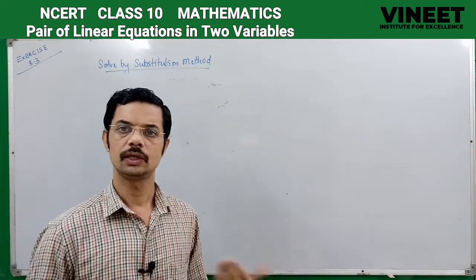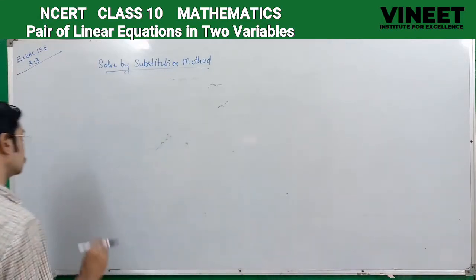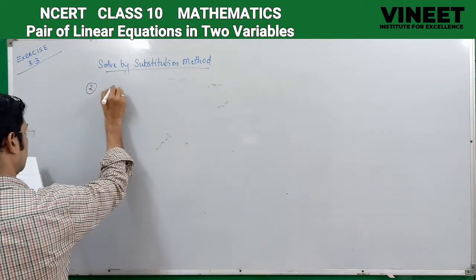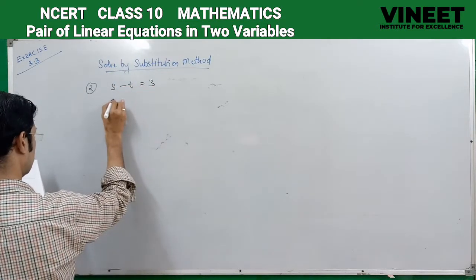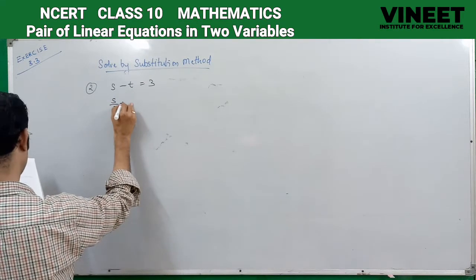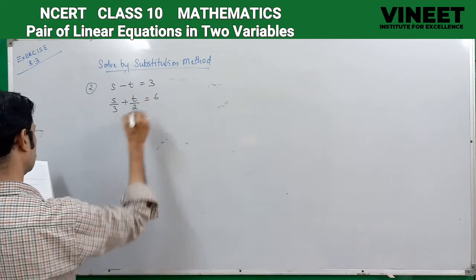Now let us move on to the next example. So the next example is s minus t equal to 3, and the second equation of this pair is s by 3 plus t by 2 equal to 6.